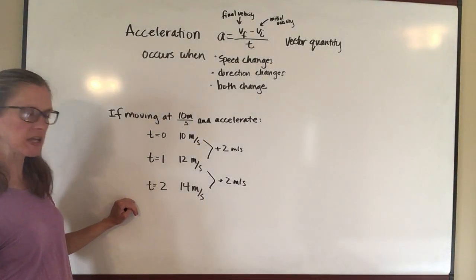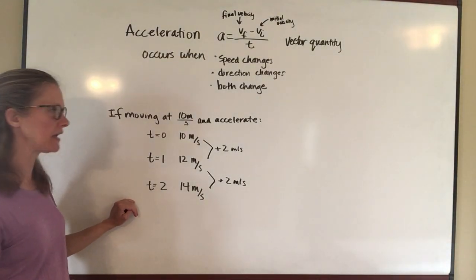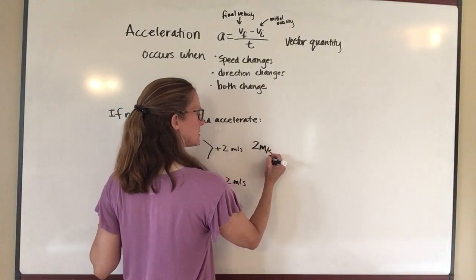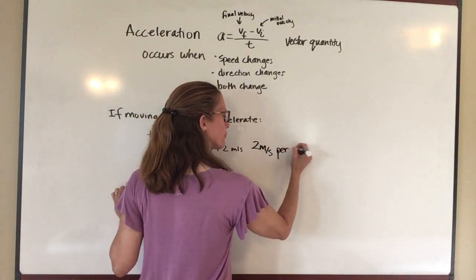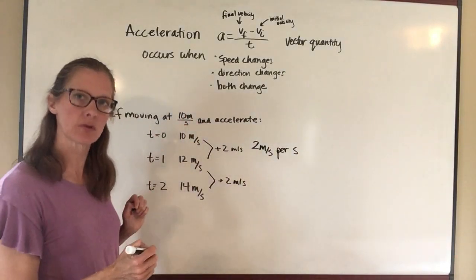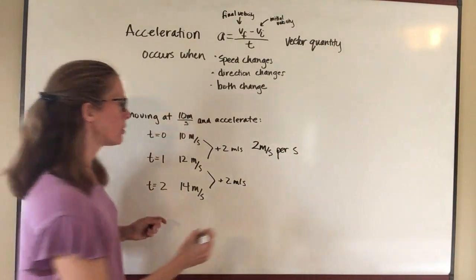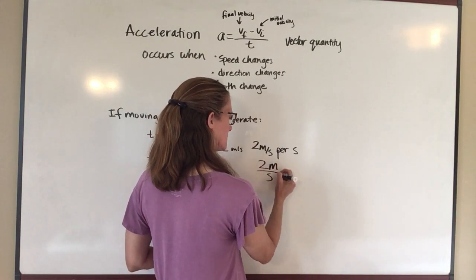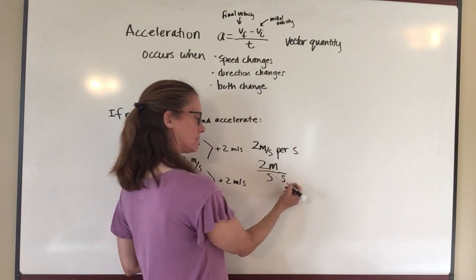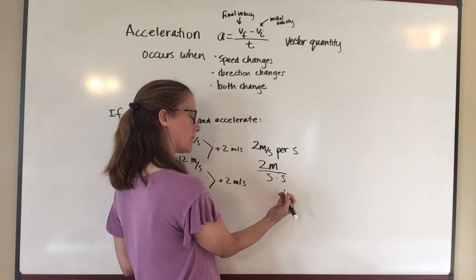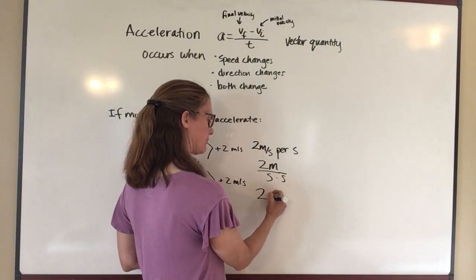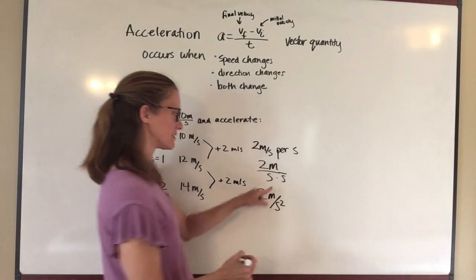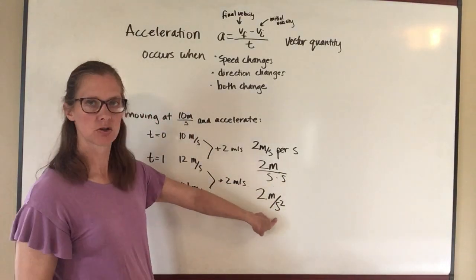And so what that means is that I am accelerating at a rate of 2 meters per second for every second that goes by. And so 2 meters per second, per second, that means the second would be in the denominator again. And so what that gives me is 2 meters per second squared, because seconds times seconds gives me square seconds.